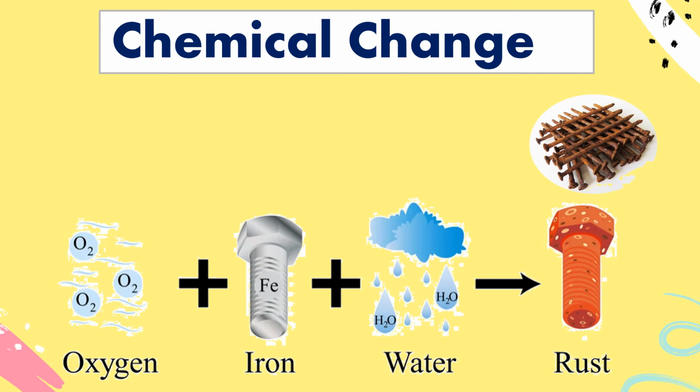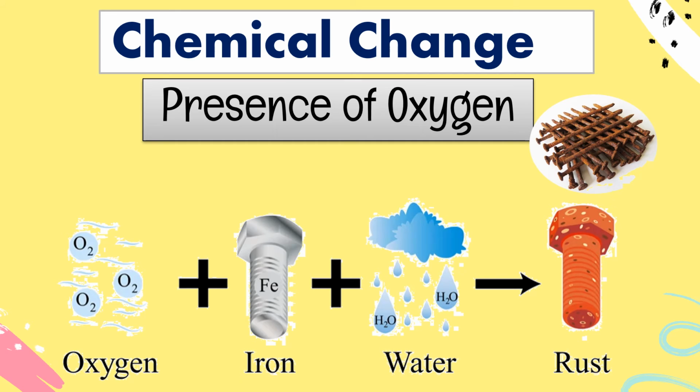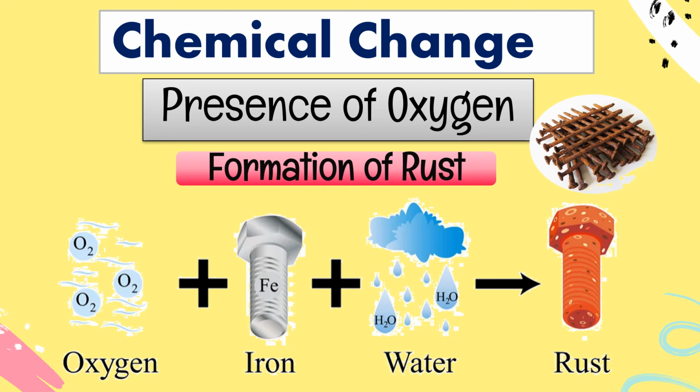The bolt formed rust. So there is the presence of oxygen and water. Oxygen plus water plus the material, what will happen? Rusting. Since there is a new material formed, we call this a chemical change.